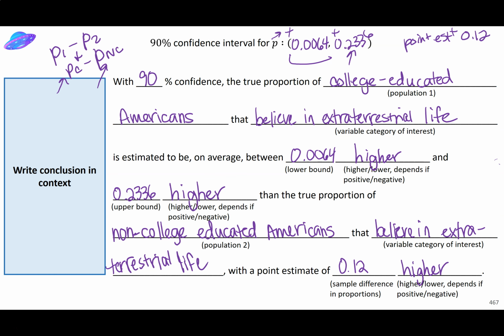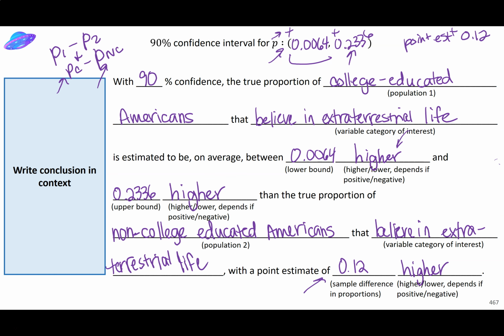So with 90% confidence, the true proportion of college-educated Americans that believe in extraterrestrial life, so I have my population and my variable of interest right there, is estimated to be between, on average, 0.0064 higher, because that endpoint is positive, and that's why the higher, and 0.2336 higher than the true proportion of non-college educated Americans that believe in extraterrestrial life.